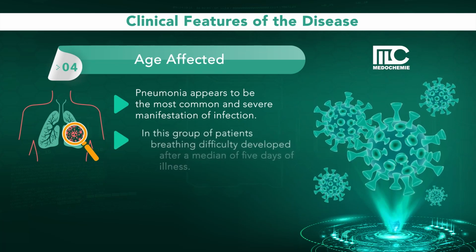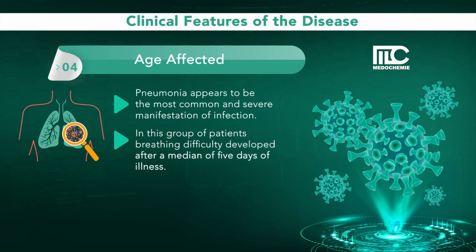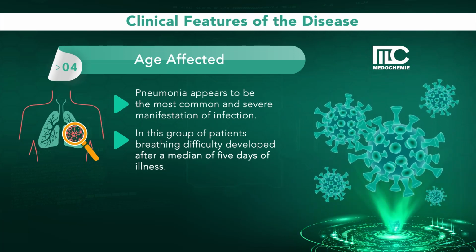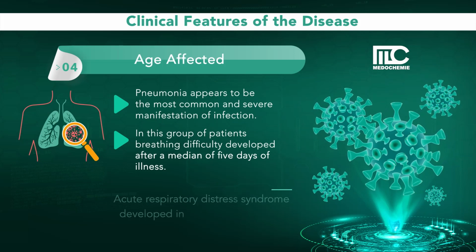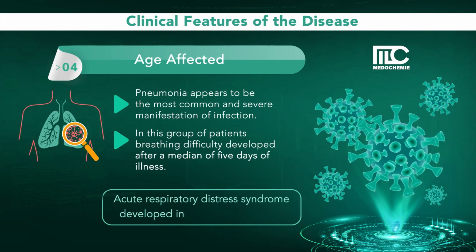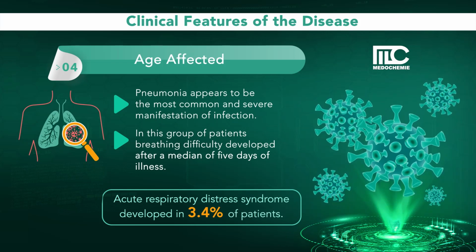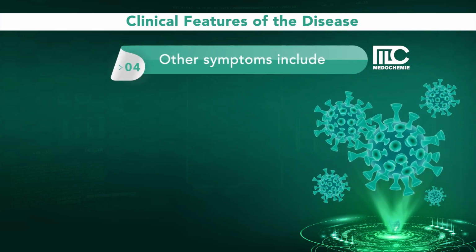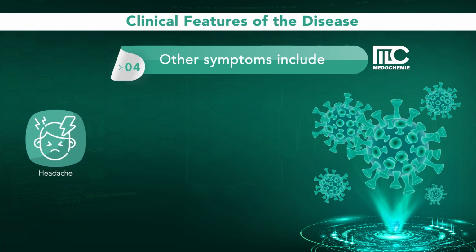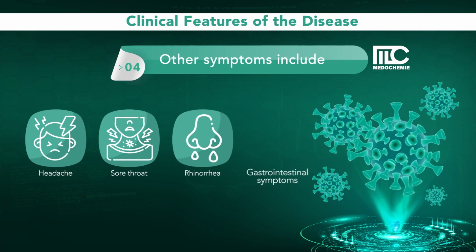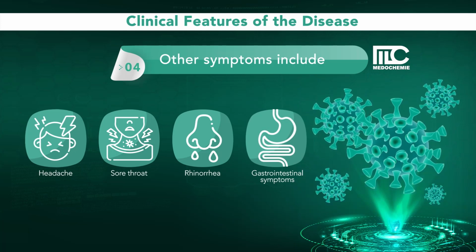In this group of patients, breathing difficulty developed after a median of 5 days of illness. Acute respiratory distress syndrome developed in 3.4% of the patients. Other less common symptoms, we have headache, sore throat, rhinorrhea, gastrointestinal symptoms.